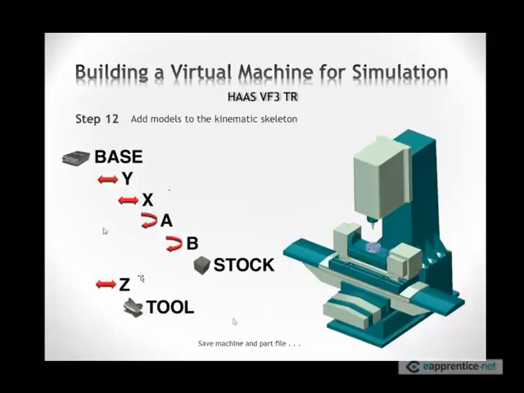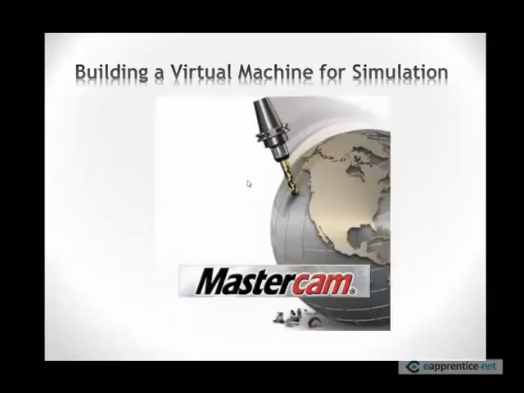Once you have all this done, you save the machine, and when you save that part file, the way it was right now, you pick the machine that you wanted to simulate on, and if you save that part file, it will remember what machine you used for simulation the next time. And it will be a great way of remembering where the job was running the last time.